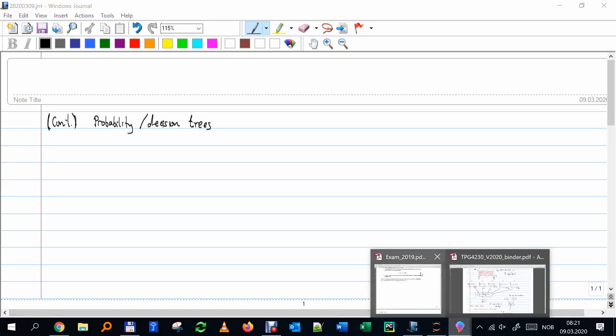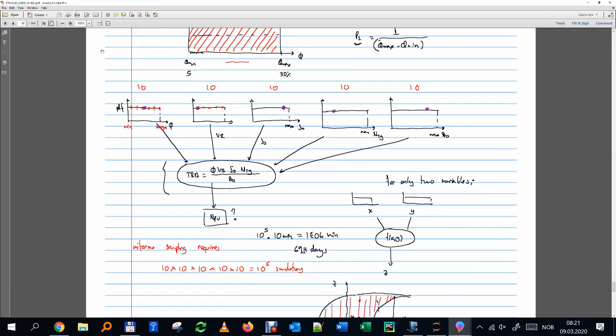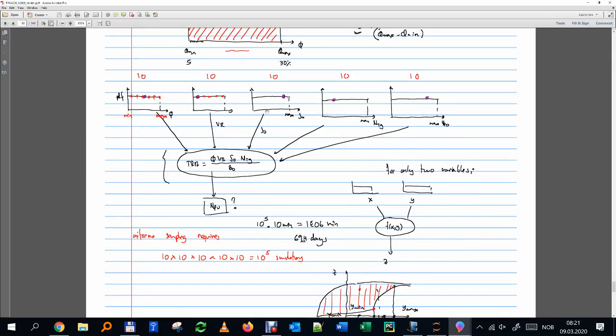So, just to see what we were doing, we were spending quite a lot of time on probability quantification. The main thing was that you have some process that depends on some input, and that input doesn't have just one value but has a distribution. How do I get that distribution? It depends on each case.